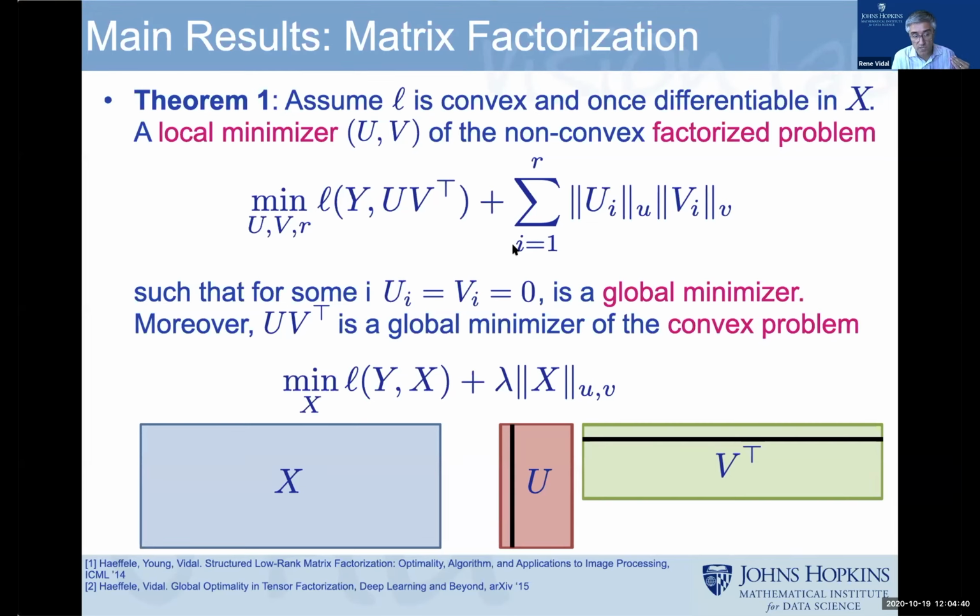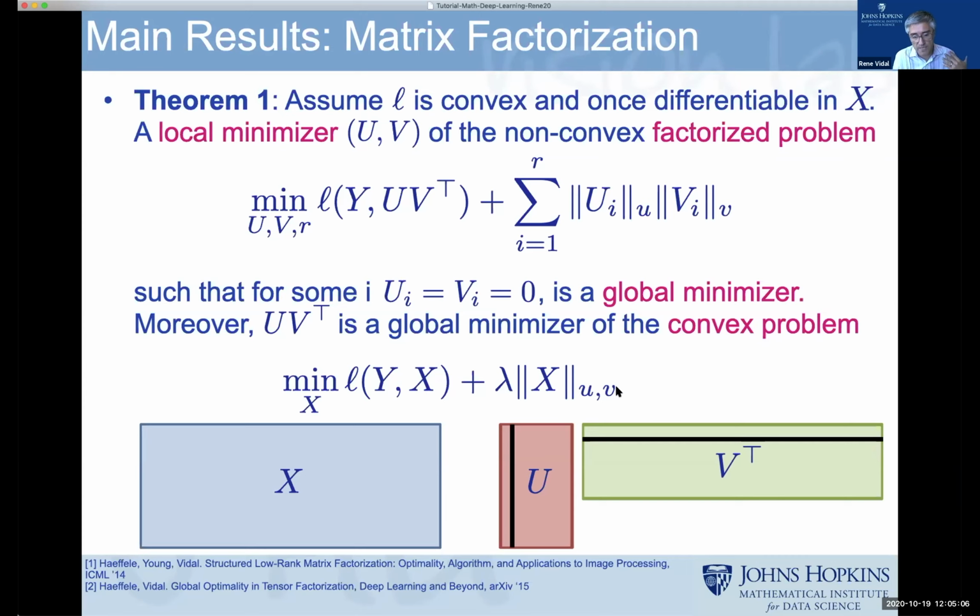If those columns were non-zero, for example, another way of stating these results is that the columns of U are linearly dependent. If the columns of U are linearly dependent, you can construct a change of basis here that won't change your loss. But that would increase the regularizer. So really, what's happened is that this convex problem has a global minimum.